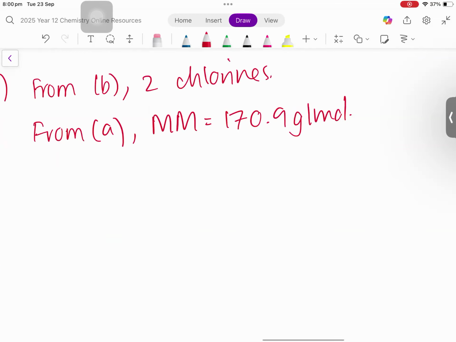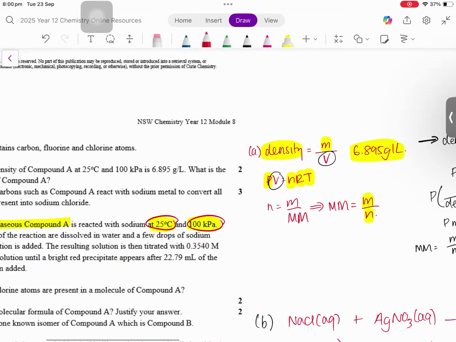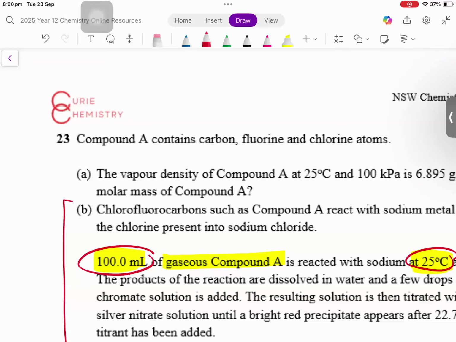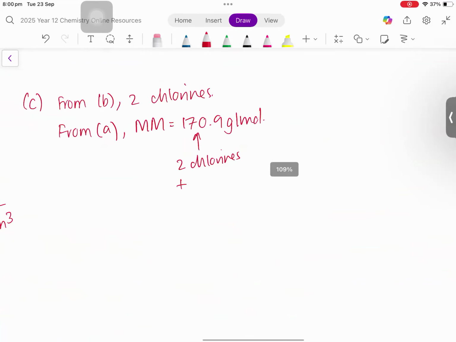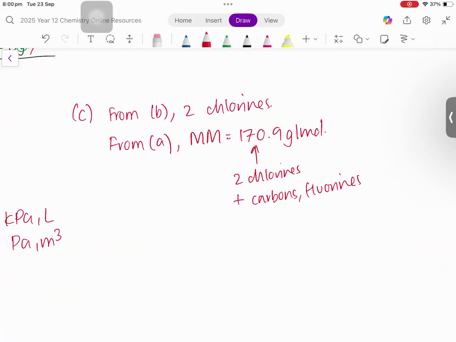So whatever this 170.9 is, it's 2 chlorines plus whatever the other elements are. I don't know how many there are, but they did tell me that compound A contains carbon, fluorine, and chlorine. I've already got 2 of the chlorines. I just need to figure out the carbon and the fluorine. So this 170.9 is 2 chlorines plus the carbons plus the fluorines. Because I already know the chlorines, I only want to focus on my carbons and my fluorines now.